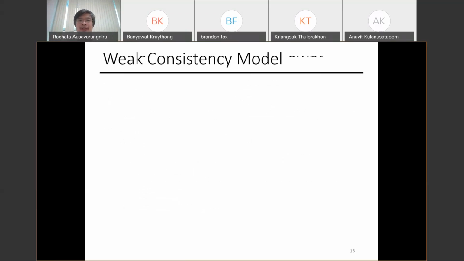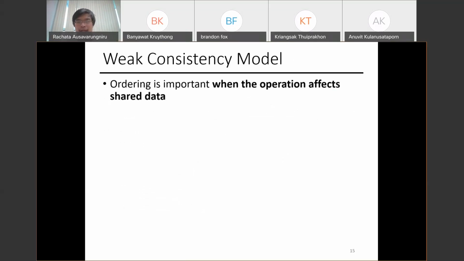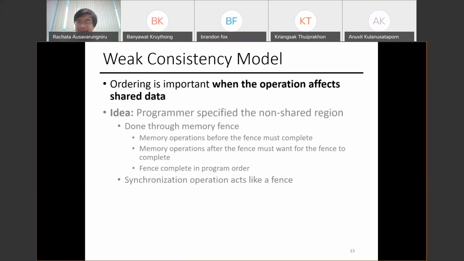Here's the explanation of the idea before I go through the example. Ordering is only important when the operation affects the shared data. What does it mean? The programmer specifies a non-shared region. This is done with a memory fence, barrier, and things like that, depending on the language.